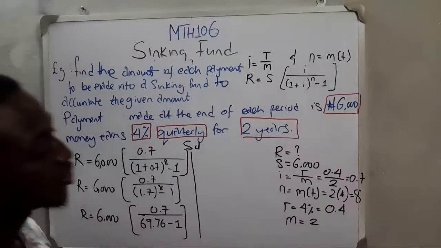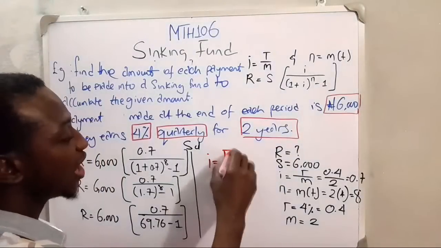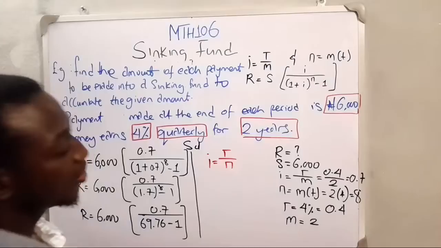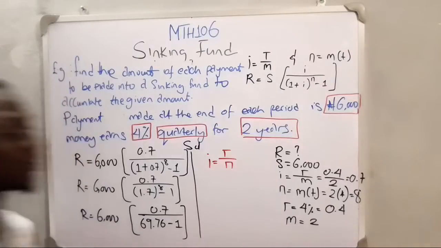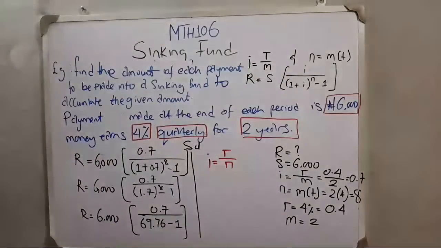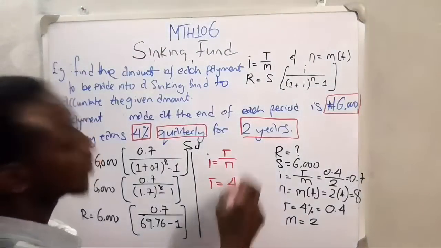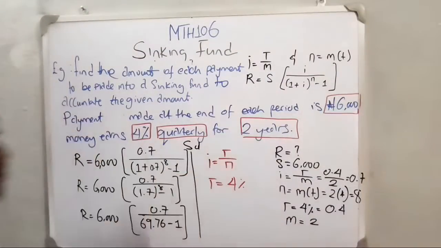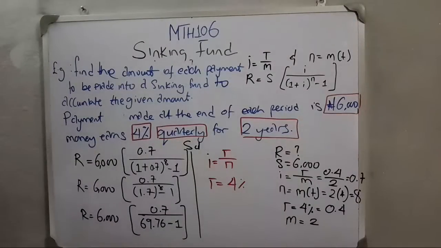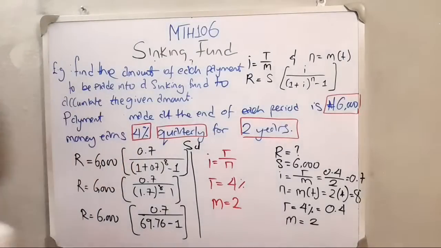To get our I, it is usually R over M. What is our R and what is our M? Our R is 4%, and our M is the number of years, which is 2.